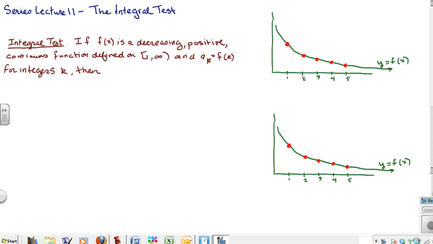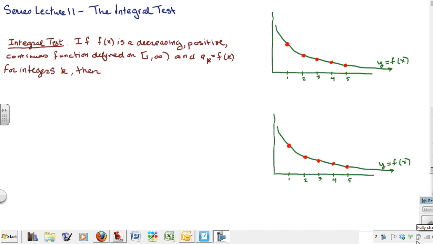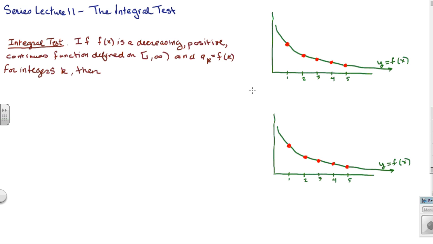So the integral test is going to be the first test we have to test whether a generic series converges or diverges. So we're going to be looking at the series sum of k equals 1 to infinity of ak, where ak is equal to f of k, where f of x is some decreasing positive continuous function defined on the half line from 1 to infinity.